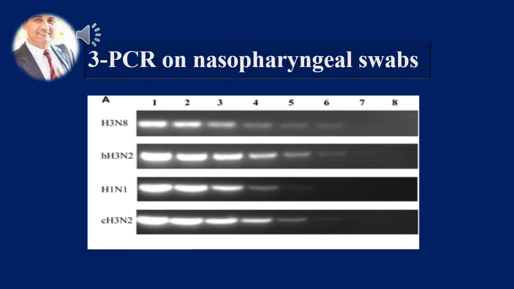Viruses H3N8, H1N1, and H3N2 appear here by using PCR on nasopharyngeal swabs, which is the most accurate and specific test for identification of different types of viruses and bacteria in infectious diseases of animals.